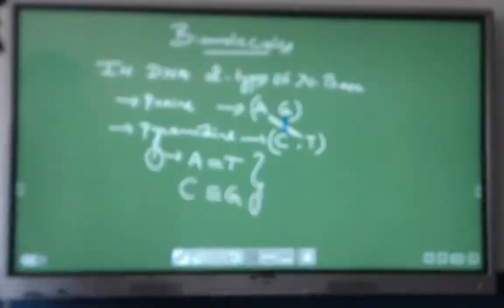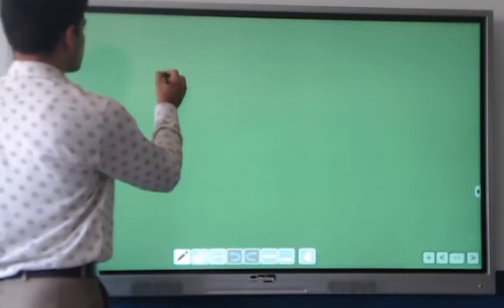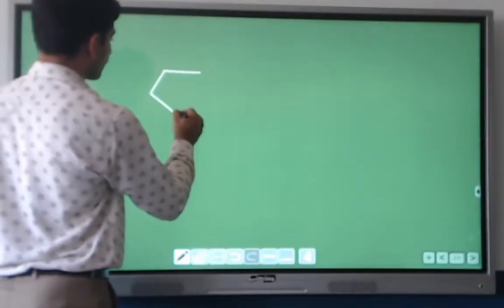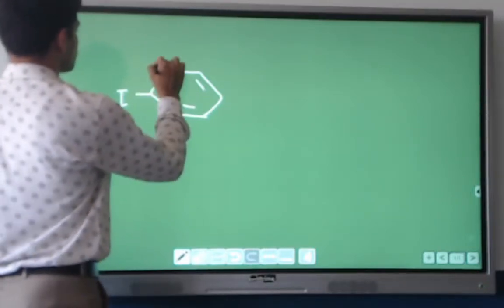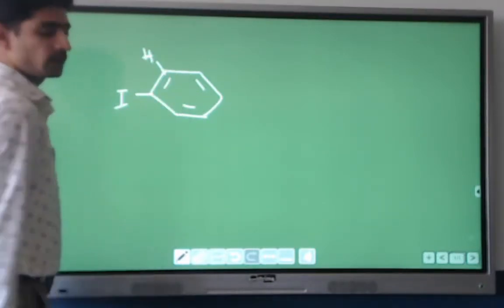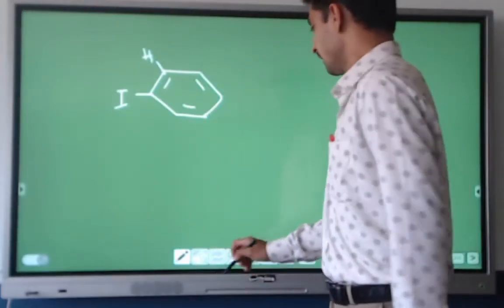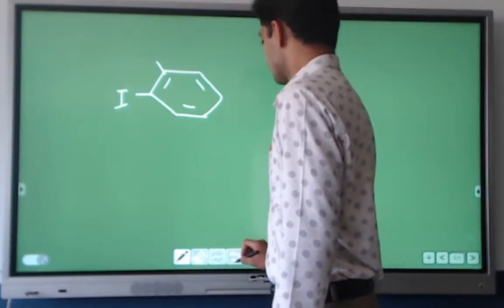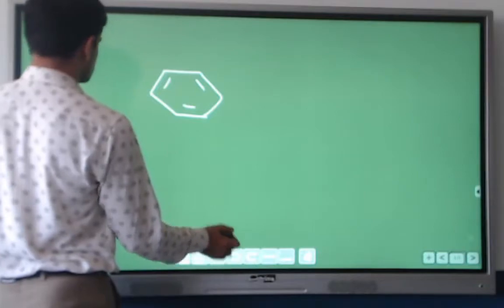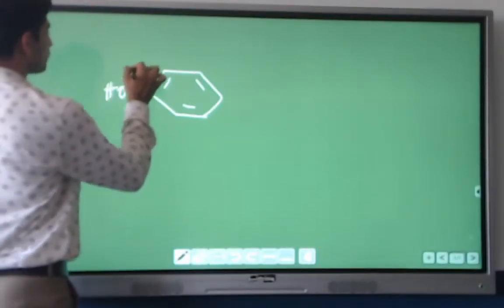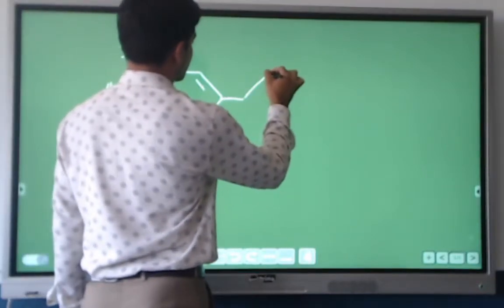So let me draw the structure of this. Benzene, iodine, H. So a benzene group will be there. Once again, an OH group will be there. Iodine will be there, and they are connected.